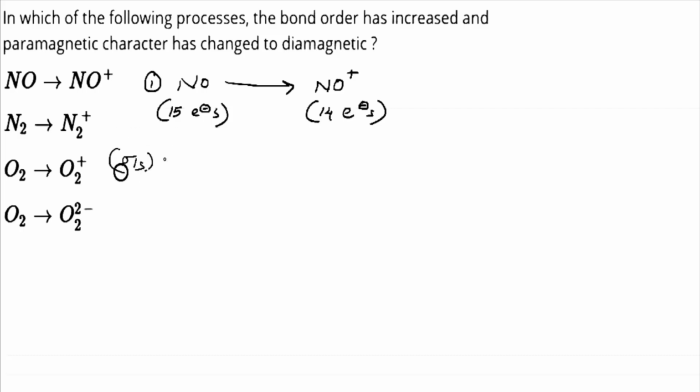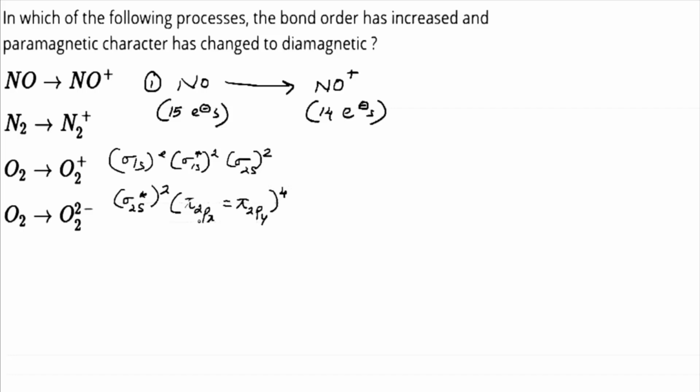Sigma 1s2, then comes in sigma 1s star 2, then comes sigma 2s2, then sigma 2s star 2. Yes, 8 electrons are done. Now remaining 7 will be accommodated accordingly. So as we can see, the next one is going to be pi 2px equal to pi 2py. That will accommodate a total of 4, 2 in each one of them.